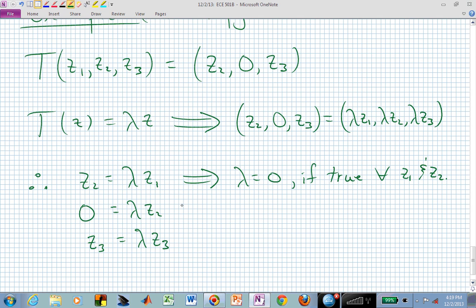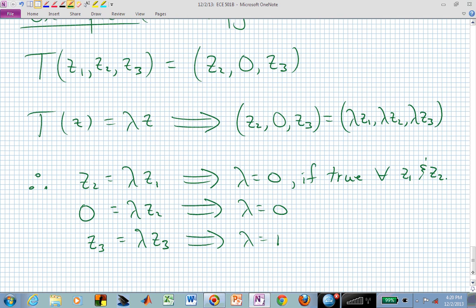From the second equation, so really these are decoupled equations that we can use to find three different lambdas. From the second equation, if we want 0 to equal lambda times any z2, that says lambda is 0. And the third one says lambda is equal to 1.